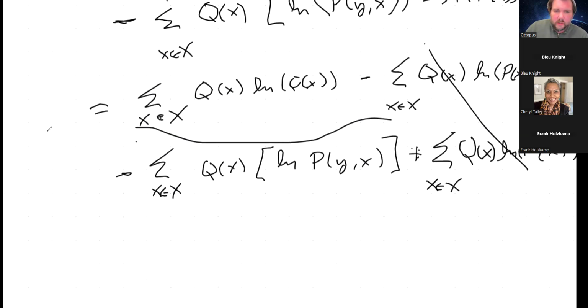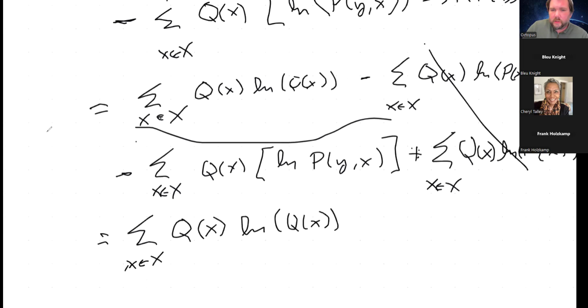So what I'm left with here is the sum over x and x of q of x, natural log q of x, minus the sum over x and x of q of x times the natural log of p, probability of y and x.